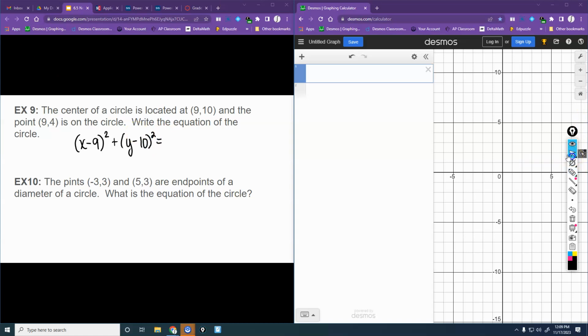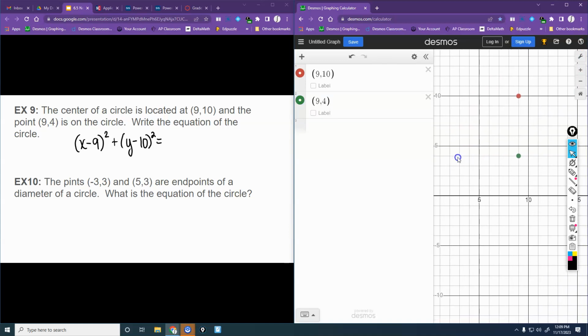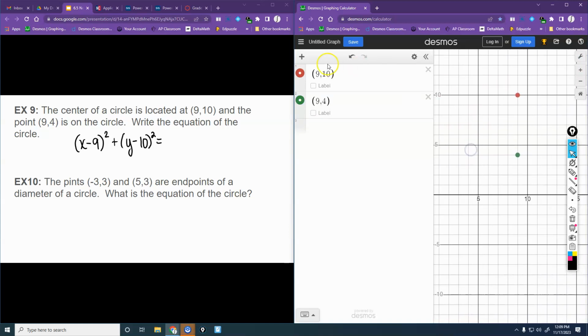So if we go over here to Desmos, Desmos graphs points really easily. Put 9, 10 and 9, 4 into your graph, and right there they are. I can write on my screen, so I am going to say that this is the center, because that will matter when I'm trying to work with this problem.